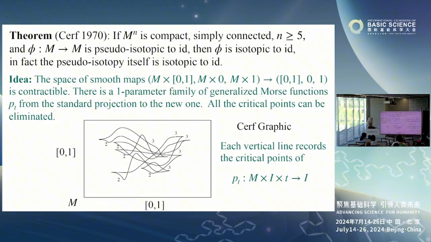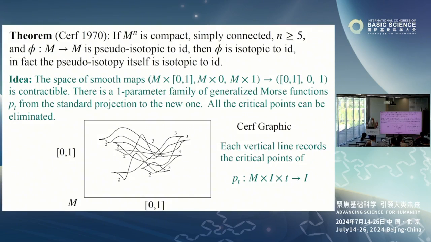First, really big theorem, I think, in the subject is Cerf's theorem. He proved this awesome result that if you have a compact simply connected manifold of dimension at least 5, and phi is pseudo-isotopic to the identity, then in fact it's isotopic to the identity. In fact, the pseudo-isotopy itself is isotopic to the identity.